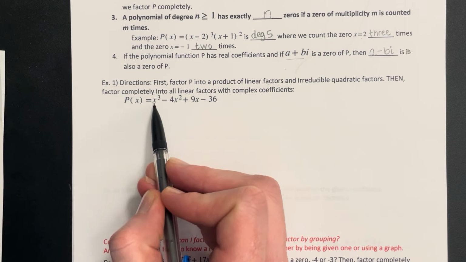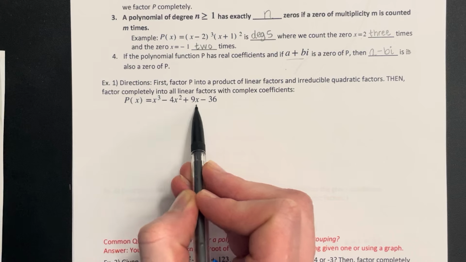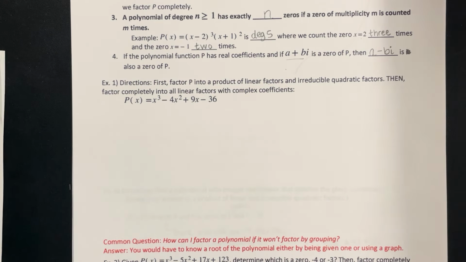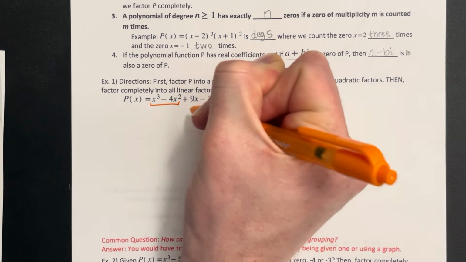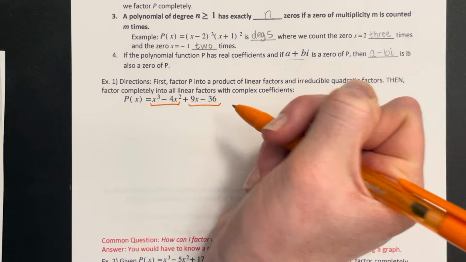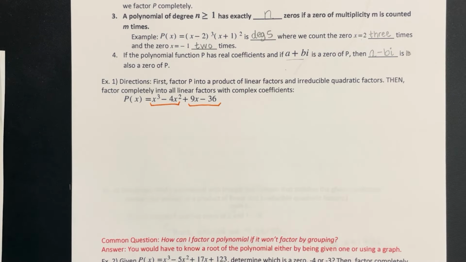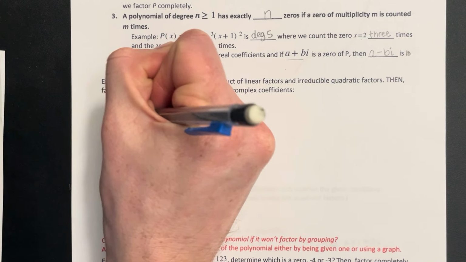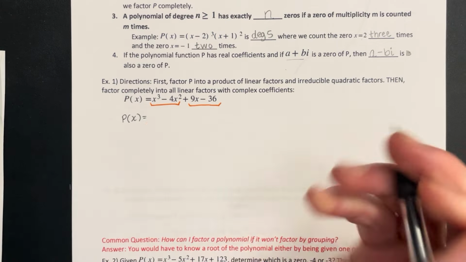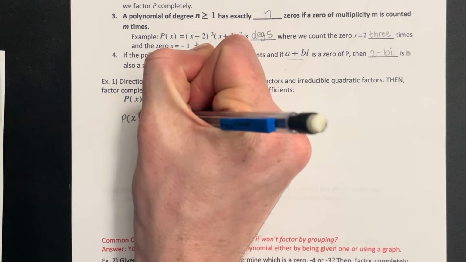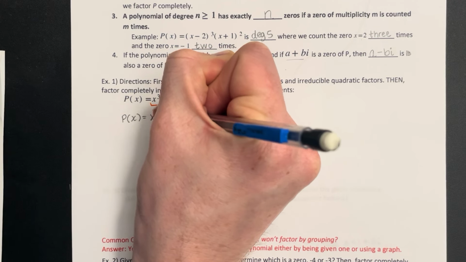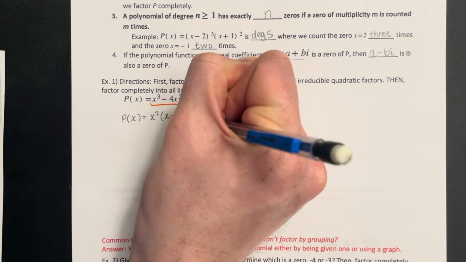This is a degree 3 polynomial, so it's a cubic function, and it has 4 terms. That hopefully gives you a clue that we're going to need to factor by grouping, or at least try. So I'm going to group the first 2 terms and the last 2 terms, and take p of x, write out your GCF in the first pair, that's x squared. So that first pair would be x squared times x minus 4.